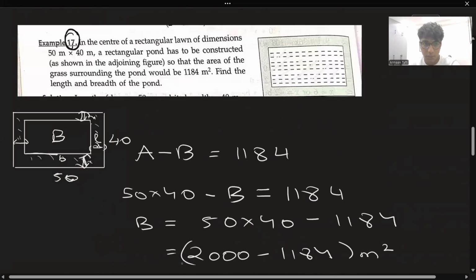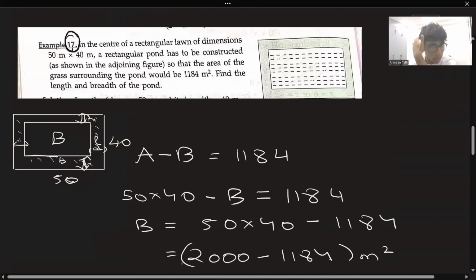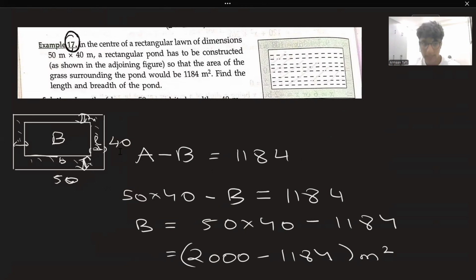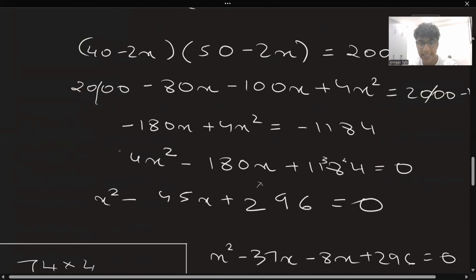Let's go back to the question and see what that means. Let's first take two cases, because always remember, in a word problem there's a chance that you have to eliminate one of the roots you got. So let's say my value of x which I've calculated is 8.